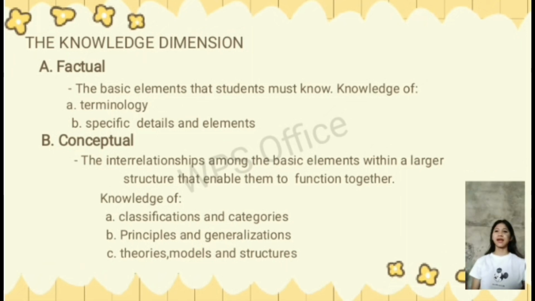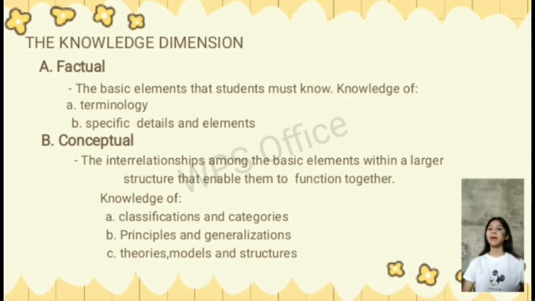Factual knowledge ay isang foundation of learning na cover yung mga basic information, terms, and details. Kasama dito ang pag-memorize ng specific details, dates, names, and definitions. Itong dimension na ito ay nagbigay daan para makabuo tayo ng solid base na magagamit sa pagpapalawak ng ating higher order thinking skills.